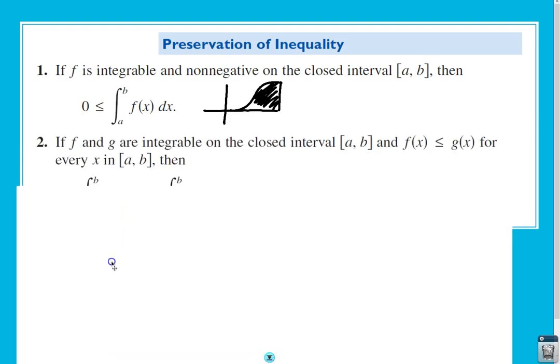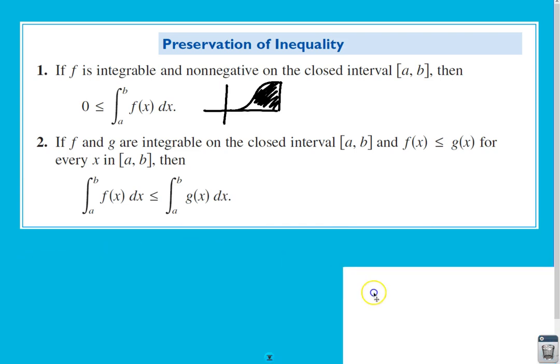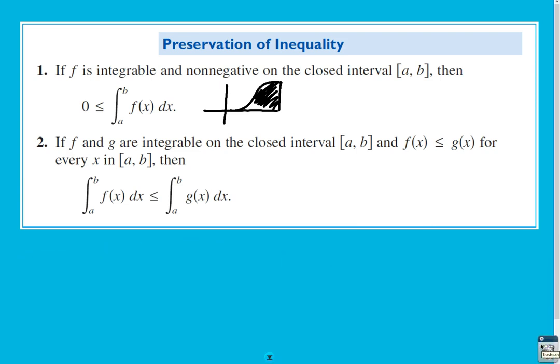Okay. If f and g are integrable on the closed interval, and f of x is less than or equal to g of x for every x in [a, b], then their integrals are less than or equal to each other. Well, that makes sense. Let's say f of x looks like this.